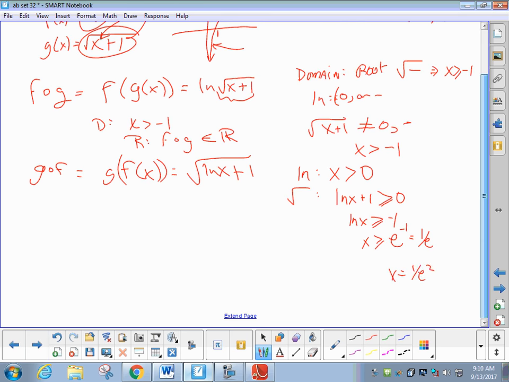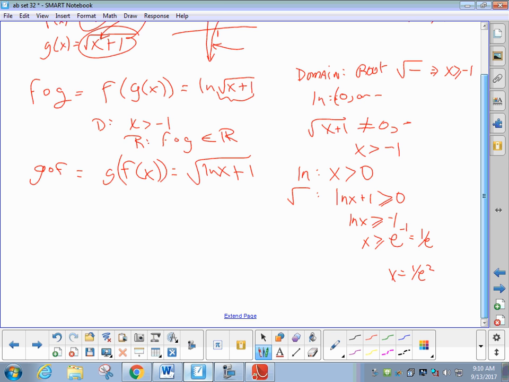That's less than that. Well, if I put in 1 over e squared, or e to the negative 2, what's the natural log of e to the negative 2? Natural log of e to the negative 2 is negative 2. Negative 2 plus 1 is negative 1, and I'm in trouble. Square root of a negative, right?